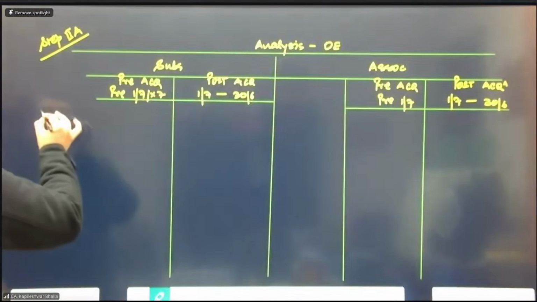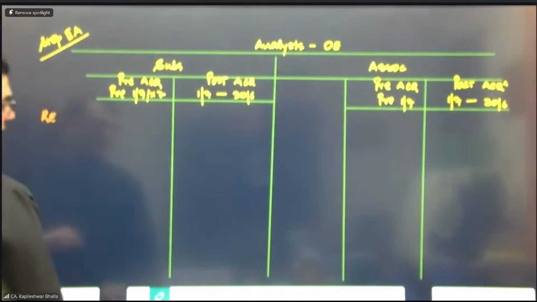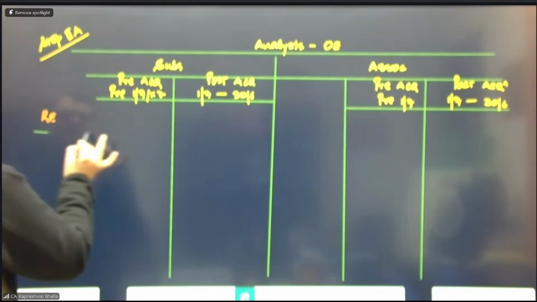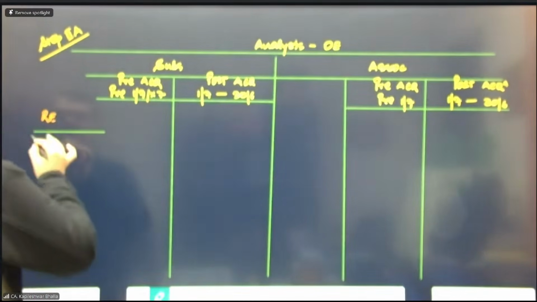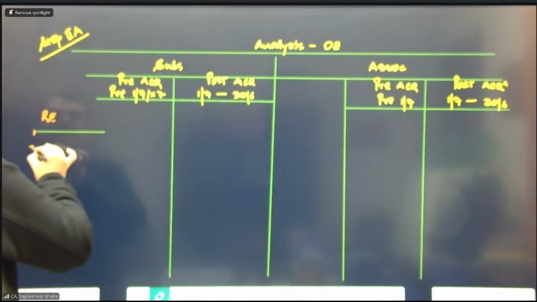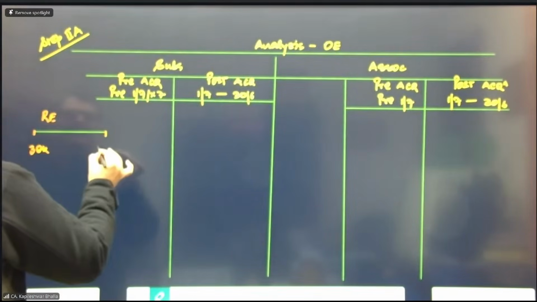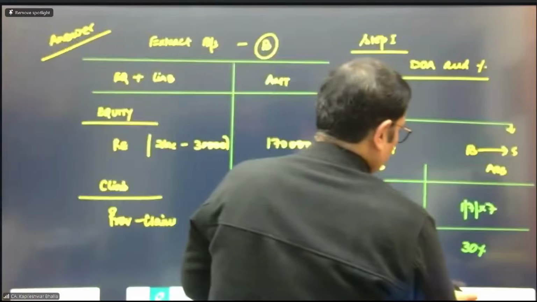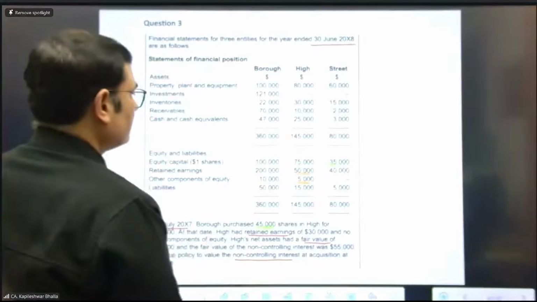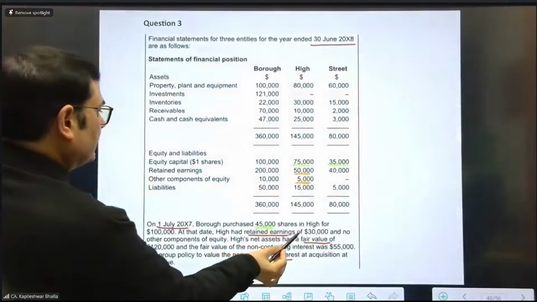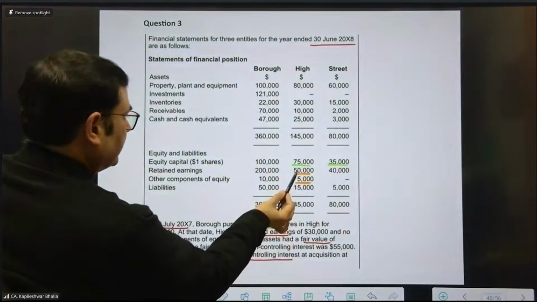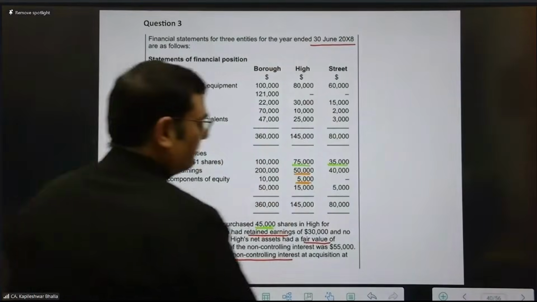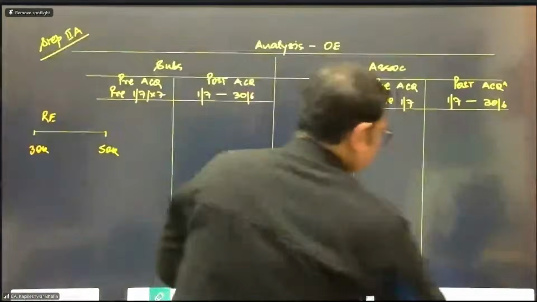So let's begin with, first of all, the retained earnings. Let's make a timeline. So we know the retained earnings at the beginning is 30 and the retained earnings at the end is 50. I'll just check the figures once again, lest we go wrong. Yes, the retained earnings is 30 on the acquisition date and it is 50 on the balance sheet date.